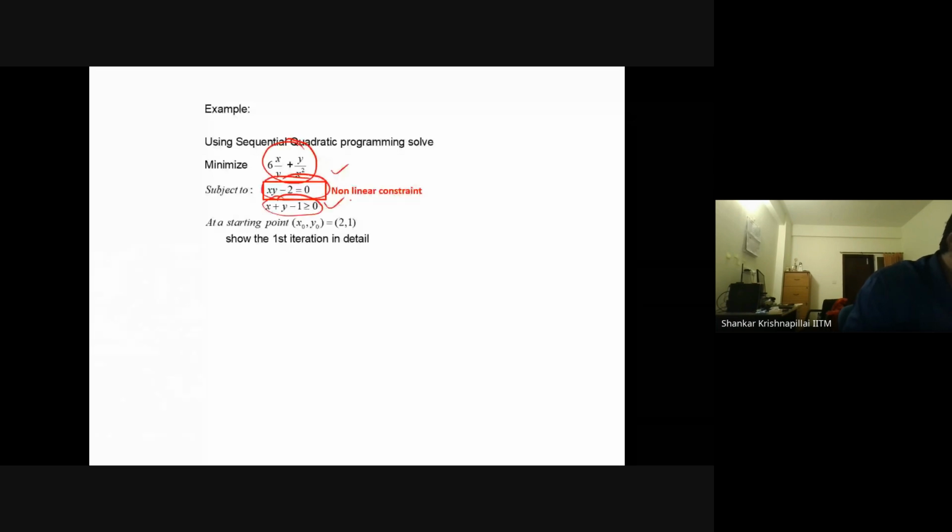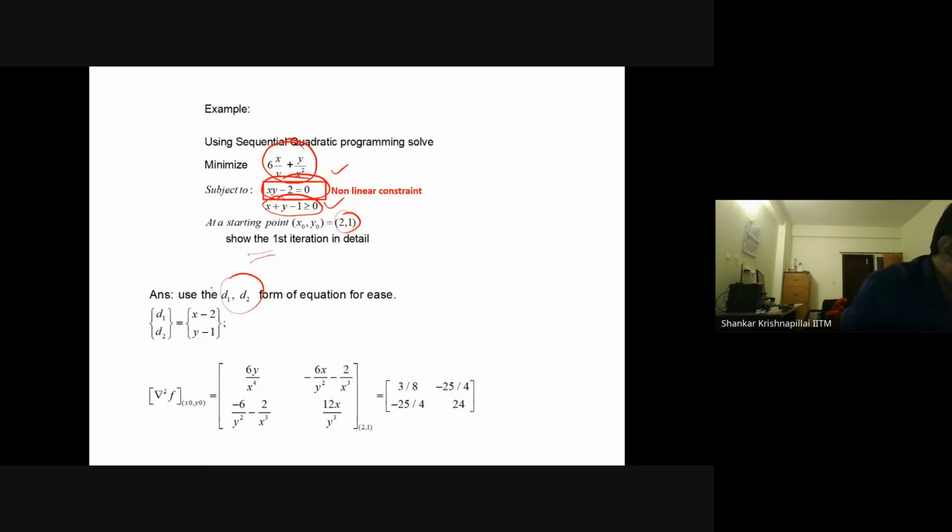So only one constraint has to be converted to linear form. The starting point is given as 2, 1. Show the first iteration in detail. Usually for an exam, you have to do only one iteration. The method is to use the d1, d2 form for ease of hand calculation.